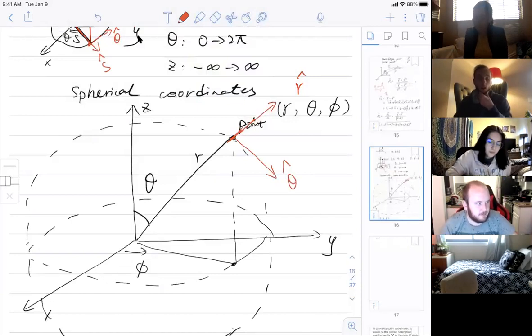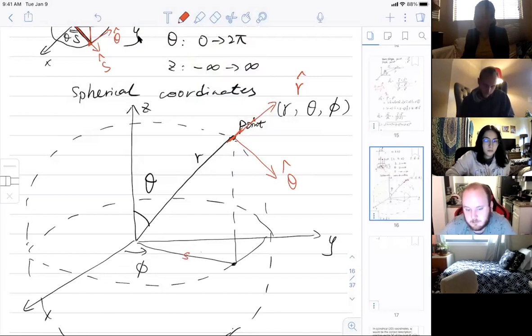Now phi hat. How do I draw my phi hat? Phi hat is perpendicular to S hat. Yes, and this is my S. I can call it S, and S is related to R, although S, the variable, doesn't enter the picture here.